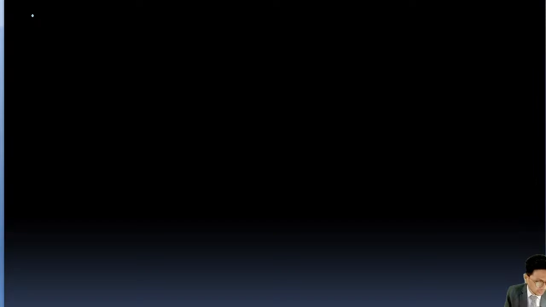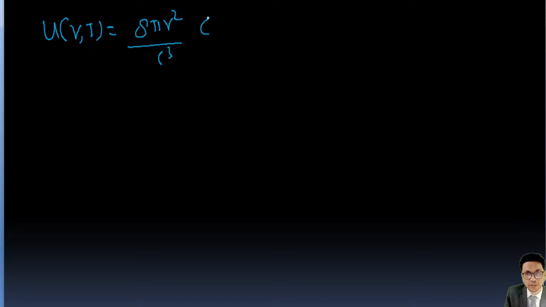Since we know the energy density u, which is a function of nu and T, that is 8 pi nu square upon c cube into h nu upon e to the power h nu upon kT minus 1, right?